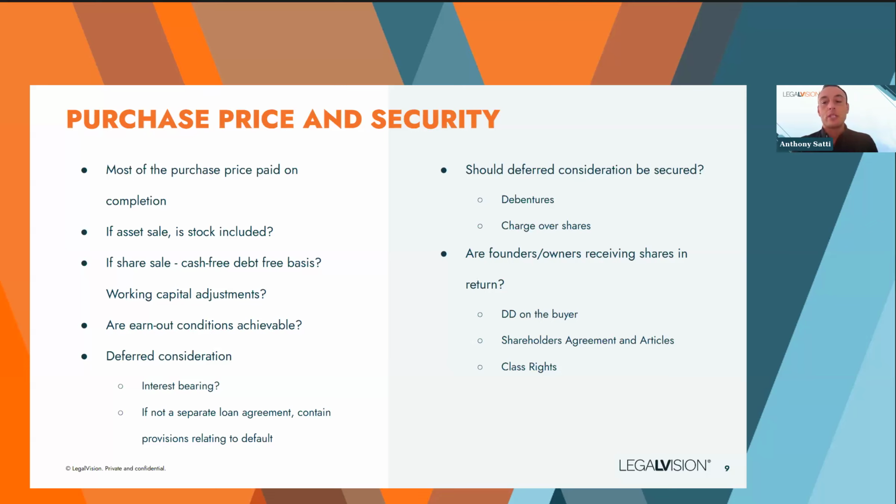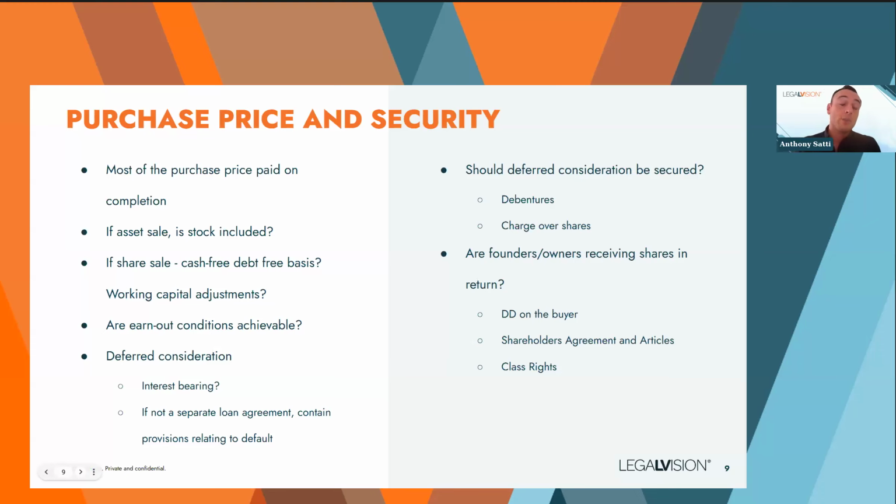And then the last issue we quickly wanted to talk about is that sometimes in deals, particularly the more complex ones, consideration to you might not just be in the form of cash. You could be receiving partly cash and maybe some shares in the buyer entity.